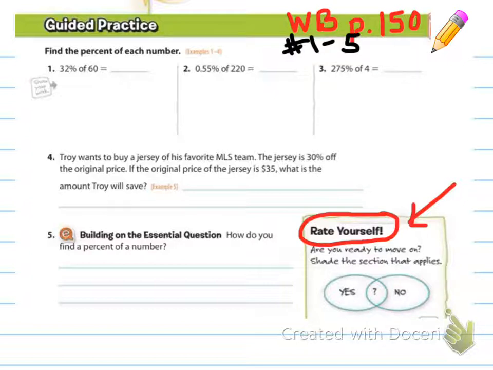Put your final answers in the blank. And then, of course, I do want you to rate yourself, okay? 1 sentence should be enough to explain number 5, which is how do you find the percent of a number. We will check these answers in class tomorrow.